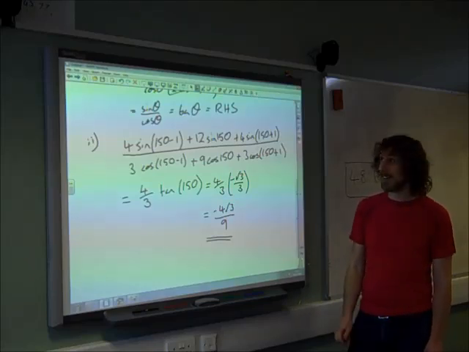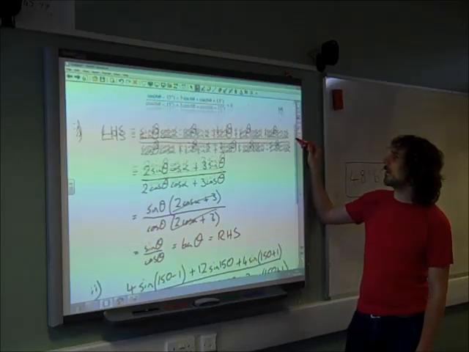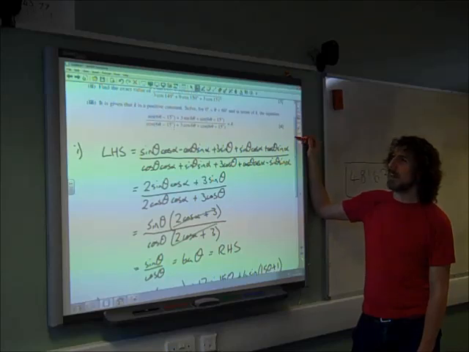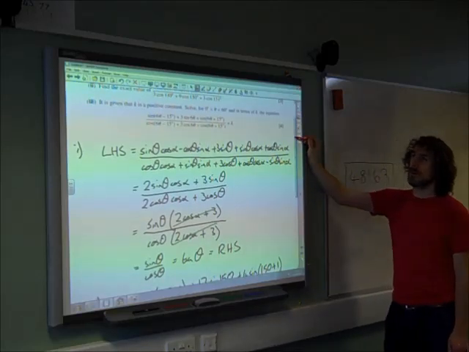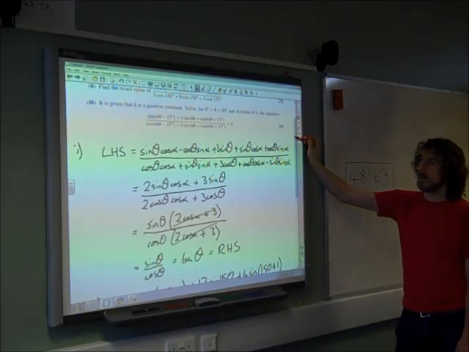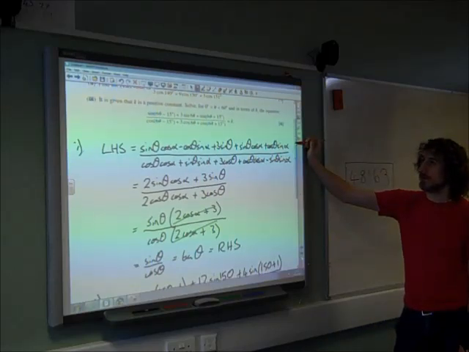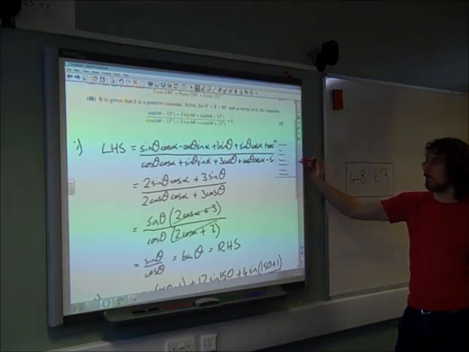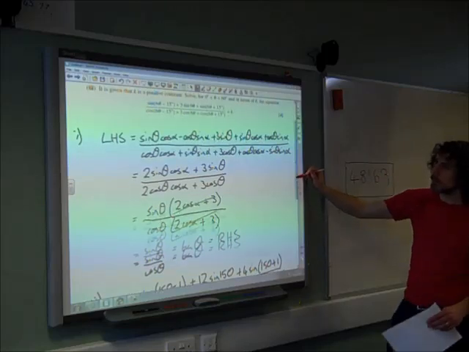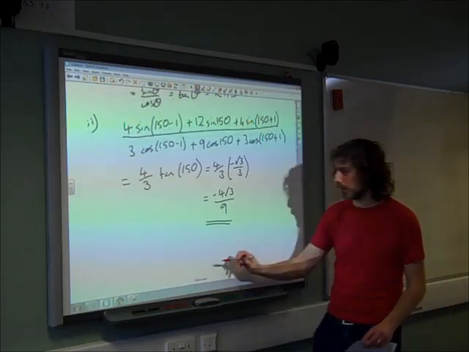Right, that's that. Now, what about the next part? Part 3. It is given that k is a positive constant. Solve for theta between 0 and 60, in terms of k, that equation. Yikes. Right. I think I want to write out the question here.